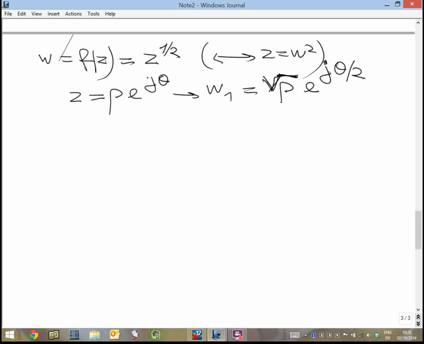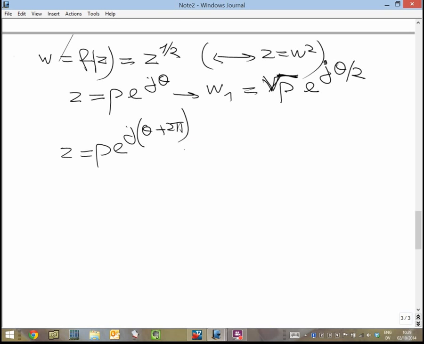But perhaps to illustrate where this minus sign comes from in a slightly different way, you can say, okay, this is z, rho exponential j theta. There's nothing that forbids me to add 2 pi to that argument, right? Exponential j theta plus 2 pi. Because if I have an angle and I keep on adding 2 pi, nothing happens. It's exactly the same angle.